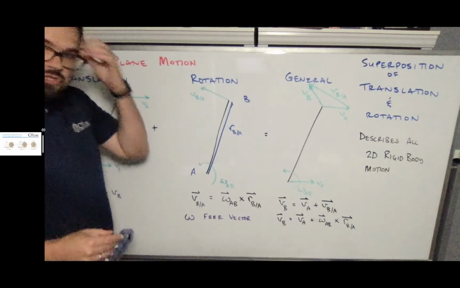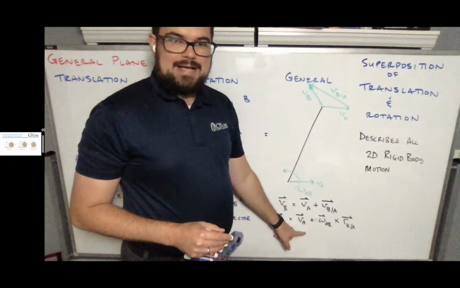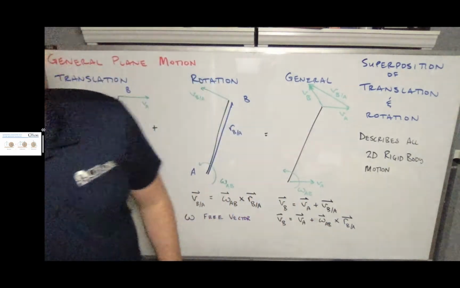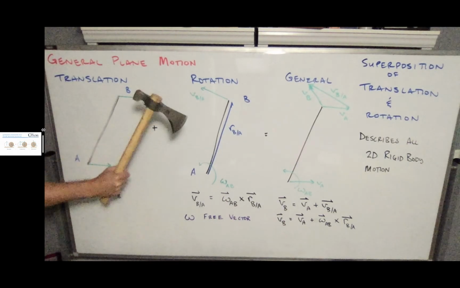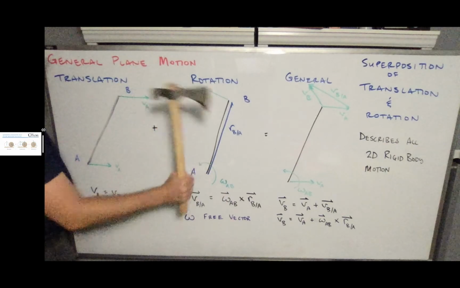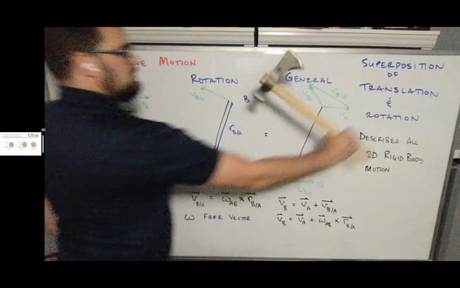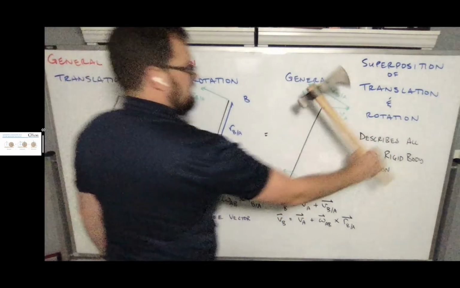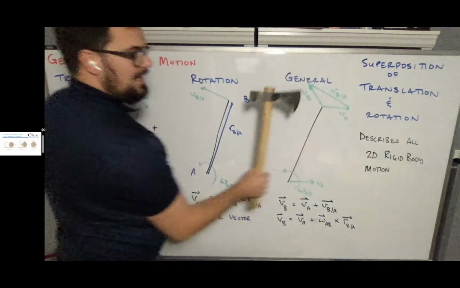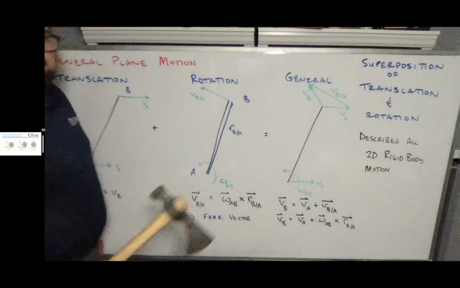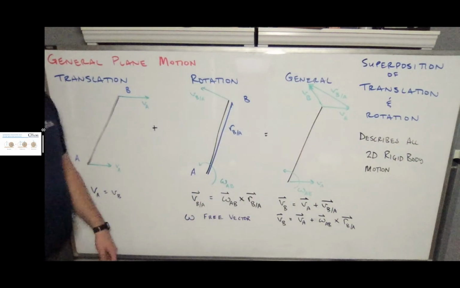So we can just do this relative motion where we add the translation and the rotation components together, and that'll give us the overall motion. So in this case, what we're looking at is the translation, the rotation, and together it's doing something like that. So I hope you can kind of see how that works. It's moving like that as it moves. And that's the idea that we can use.